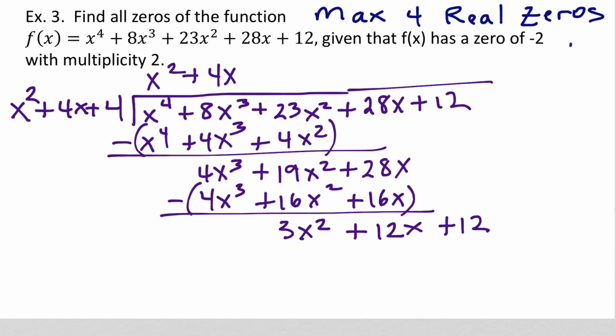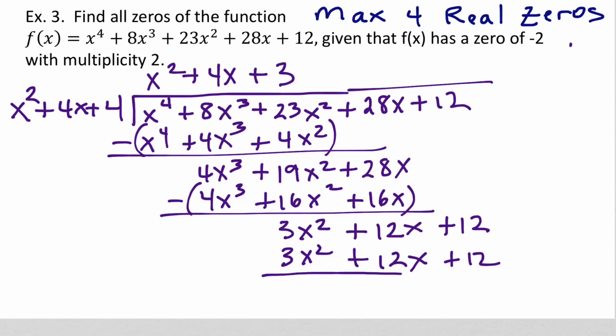Now I divide again. What do I have to multiply x squared by to get 3x squared? That would be 3. 3 times x squared is 3x squared. 3 times 4x is 12x. 3 times 4 is 12.